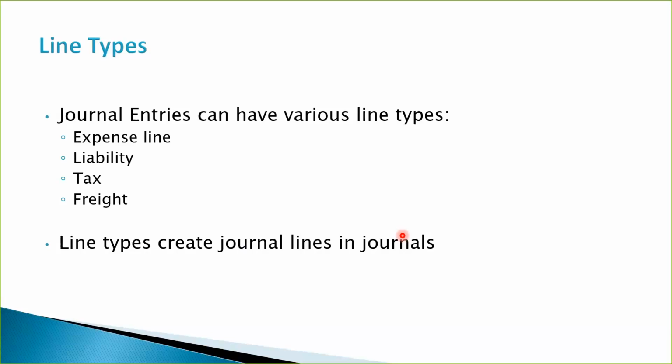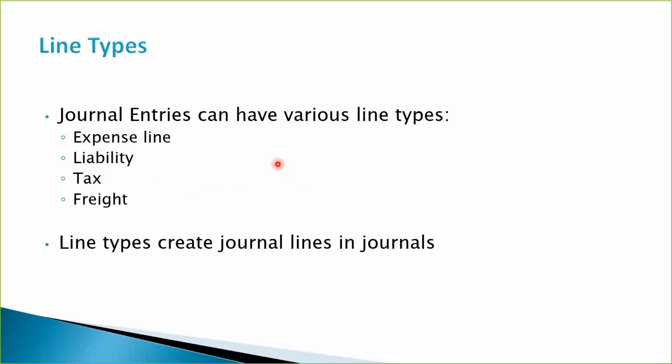So you can have various types of line types in those invoices. For example, if you're paying tax, you can have a line that shows the tax that you're paying. If you're paying freight charges, you can have a line that also shows that.